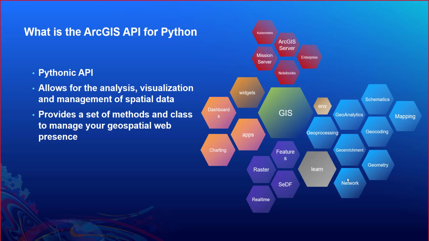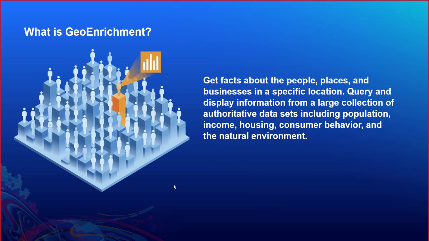So first things first, what is the ArcGIS API for Python? It's a Pythonic API, and it's going to allow you to analyze, visualize, and manage your spatial content in your WebGIS. It provides you with a set of methods and classes to work with that data and make it very tangible. What is GeoEnrichment?